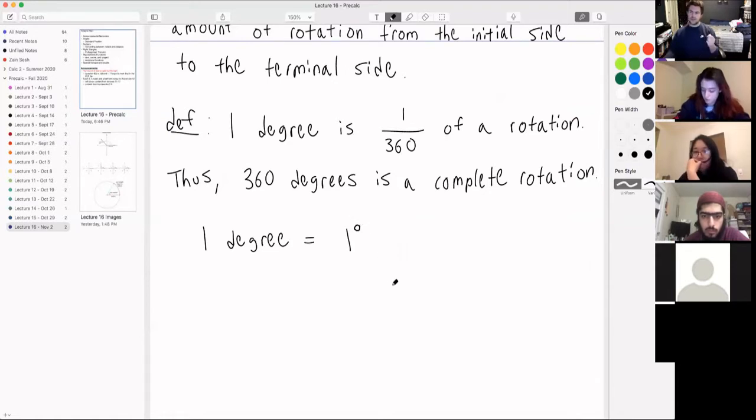That should look familiar from reading the temperature outside. So 1 degree is often written as 1 with a superscript circle.